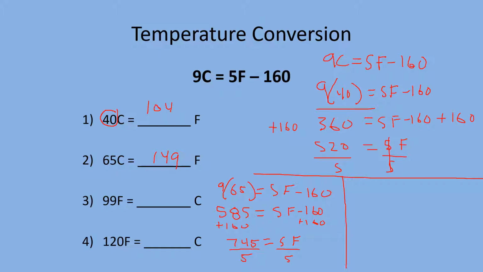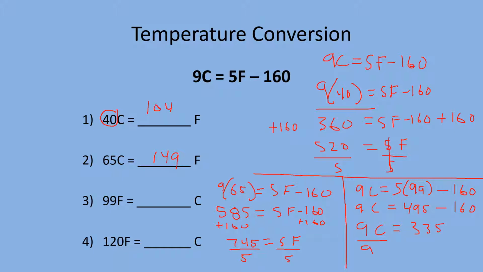For 3 and 4, now we're going to go the opposite. We're going to plug in the F value. So 9C equals 5 times F, which is 99 for number 3, minus 160. 5 times 99 is 495, minus 160. 335, I believe.